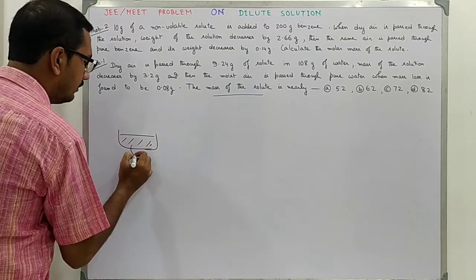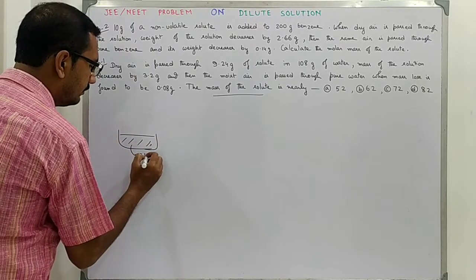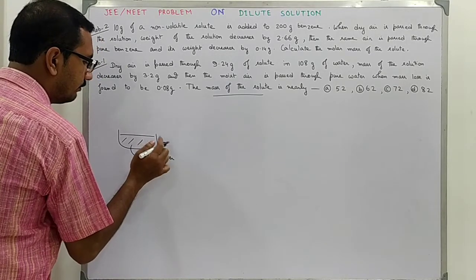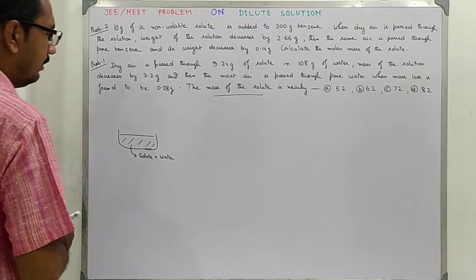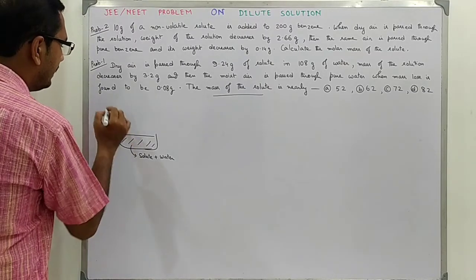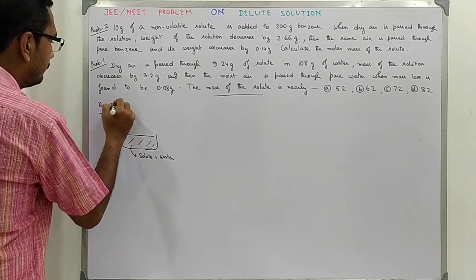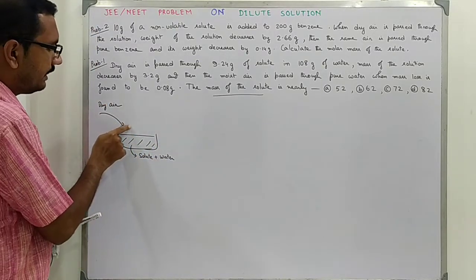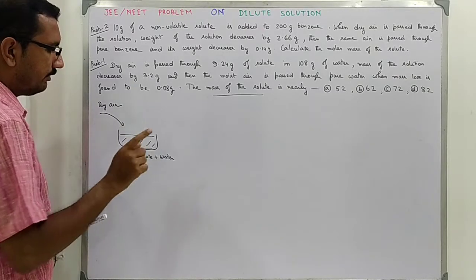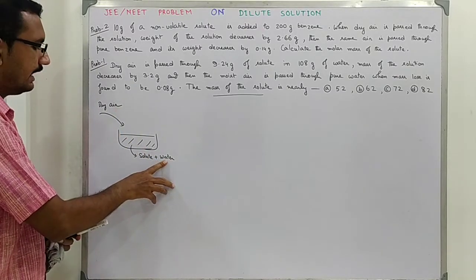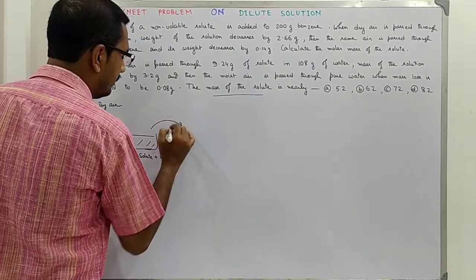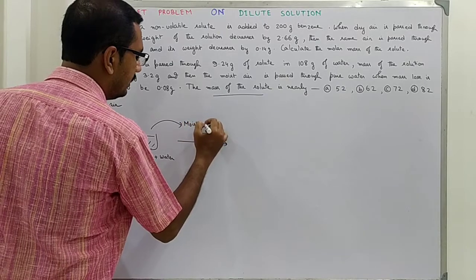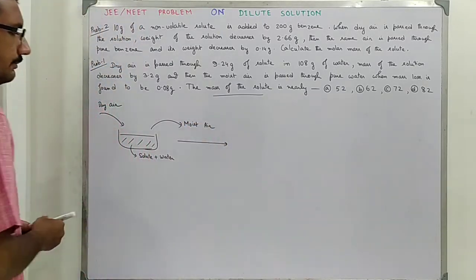It is a solution of an unknown solute dissolved in water. Now we are passing dry air through it. So dry air will pick up the vapors. The vapor will be contributed by the solvent water only and not by the solute. So it will be moist after passing through the solution.